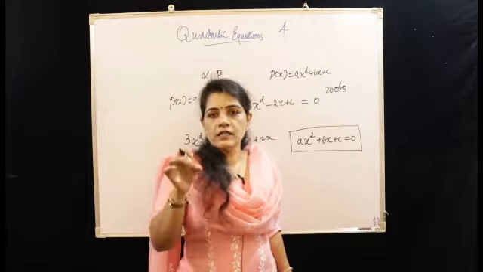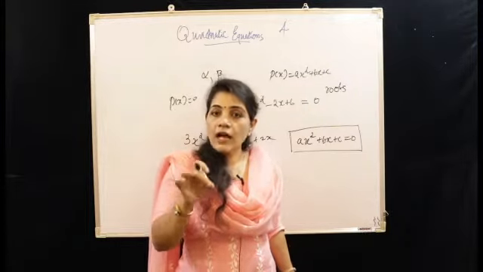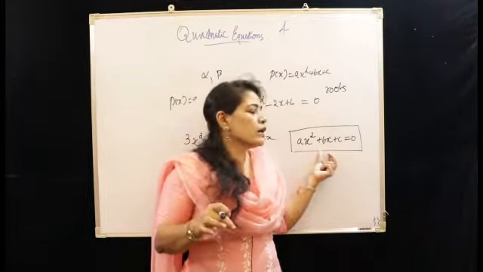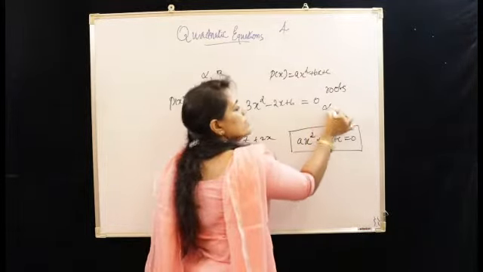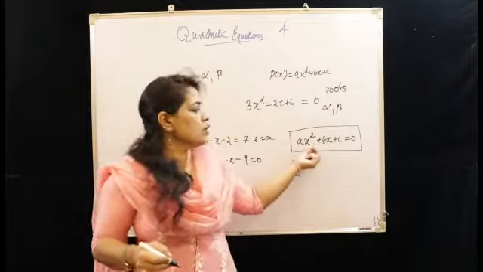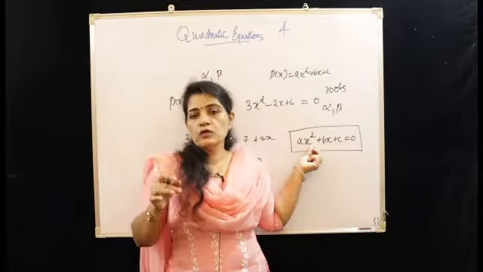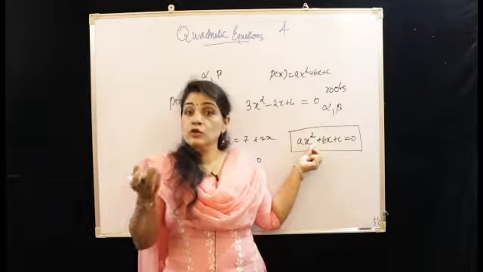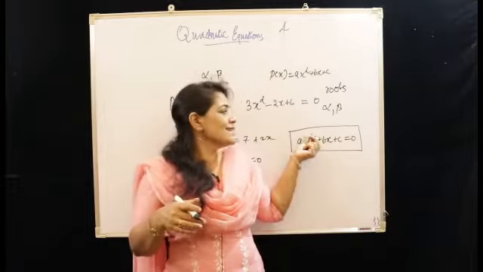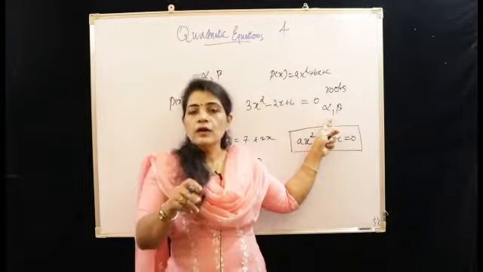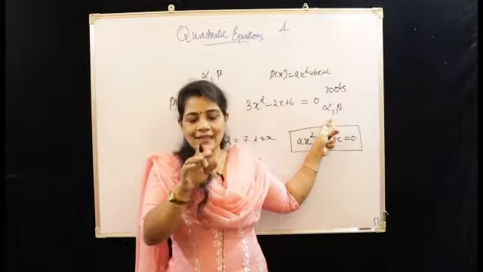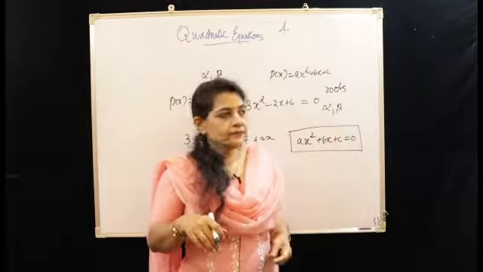Solutions of a quadratic equation are nothing but the values which satisfy the given quadratic equation. Let them be alpha and beta. A quadratic equation will have at most 2 zeros, or 2 roots, because its degree is 2. So that is why I have taken only 2 roots, let them be alpha and beta.